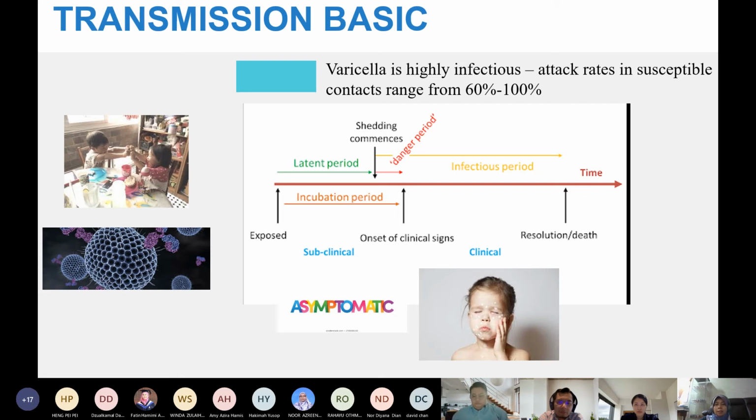Chickenpox usually is self-limiting, but in adults it's quite severe. I had one adult patient, chickenpox, end up with encephalitis. Kalau children ni dia happy je, lompat-lompat sana sini. Lain adult right?